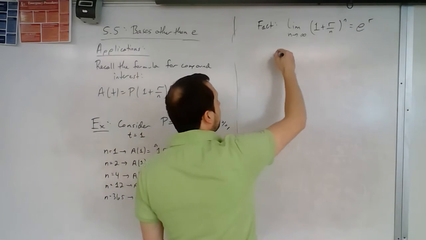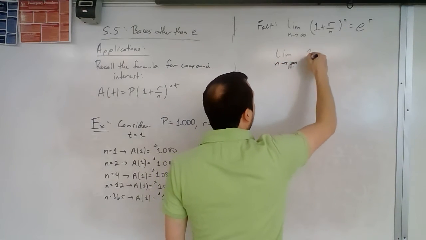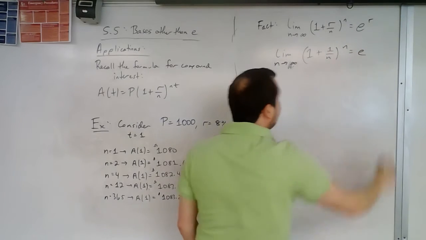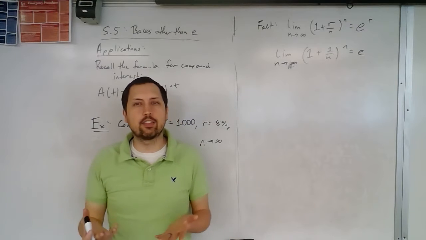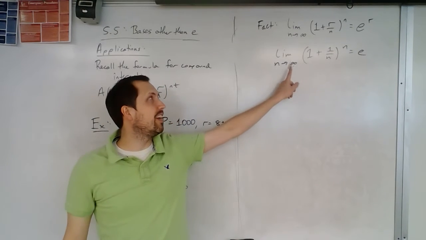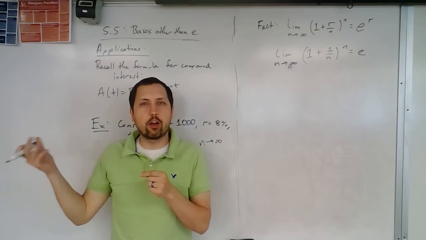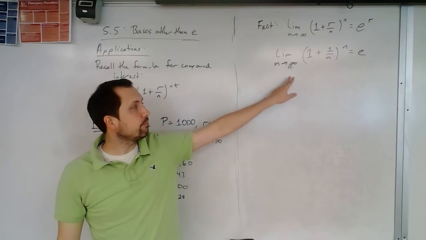In particular, the limit as n tends to infinity of (1 plus 1 over n) raised to the n is simply e. We defined e as this constant, 2.71828, but that is in fact the result of this limit. As you plug in larger and larger values of n, you get closer to 2.71828 and so on.